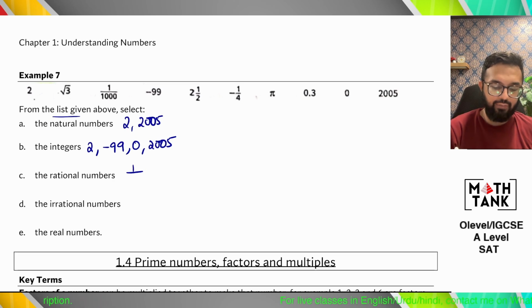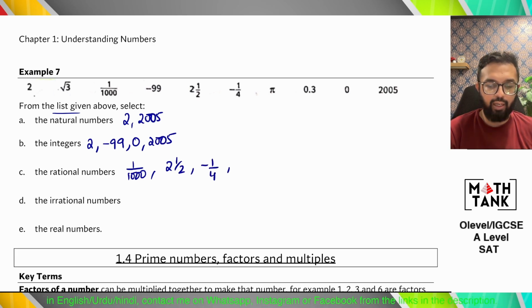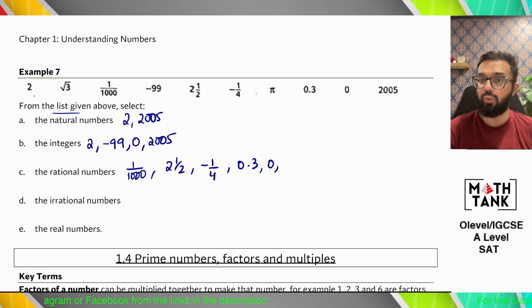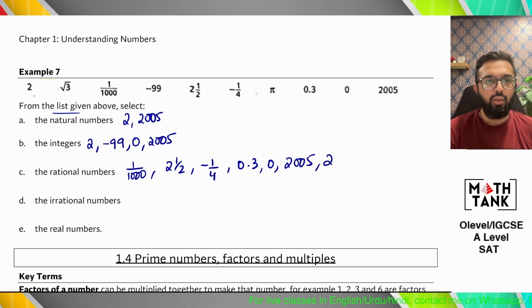What are the rational numbers? Ones that can be expressed as fractions. 1 over 1000. 2 whole 1 over 2 is also a fraction. Minus 1 over 4 is also a fraction. 0.3 can also be expressed as a fraction. 0 can also be expressed as a fraction, 0 over 1. And 2005 can also be expressed as a fraction, and 2 can also be expressed as a fraction. What are the irrational numbers?